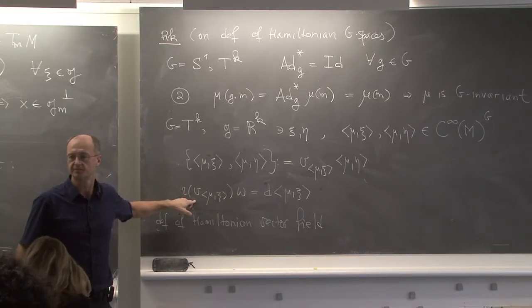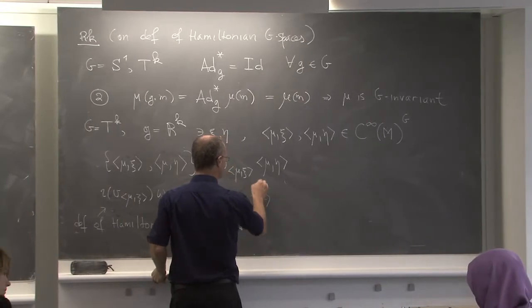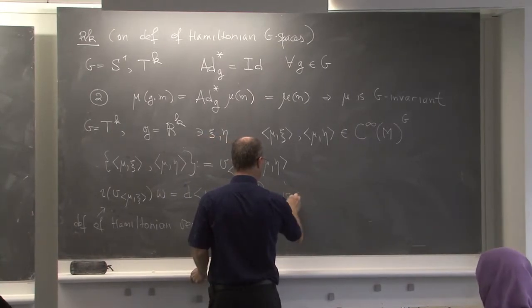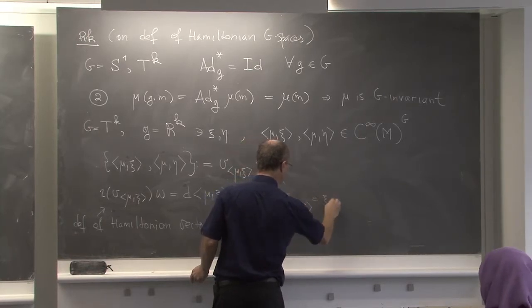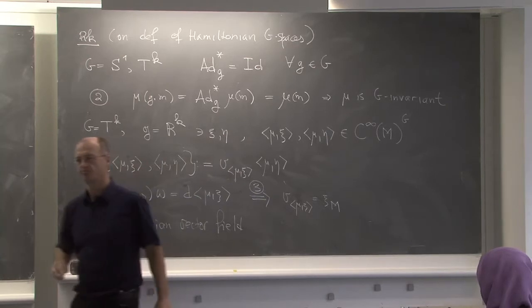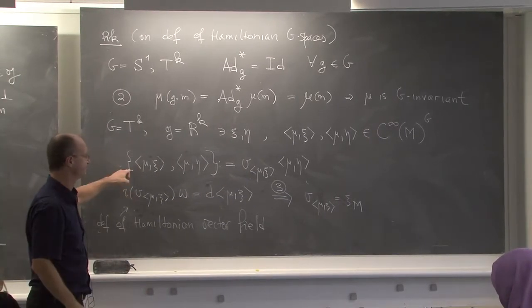But this definition is identical to our equation 3, where v_{mu^xi} we actually know what it is, right? So then, by 3, we know that v_{mu^xi} is xi_M, the fundamental vector field which corresponds to the action.